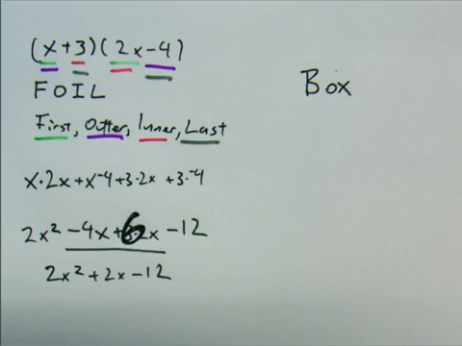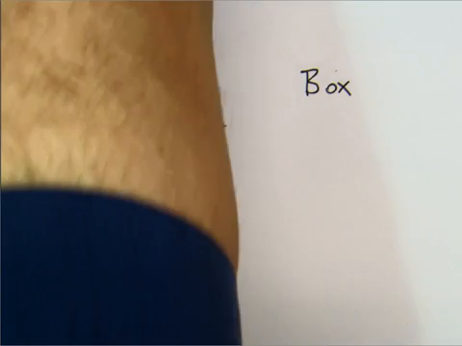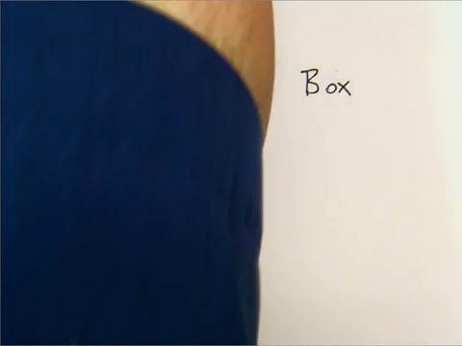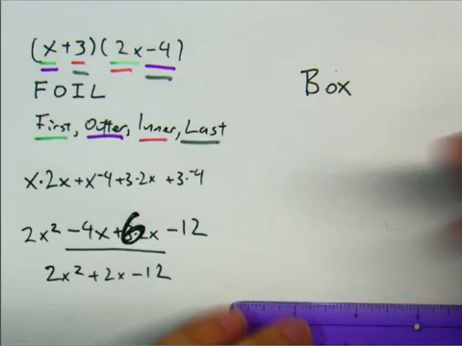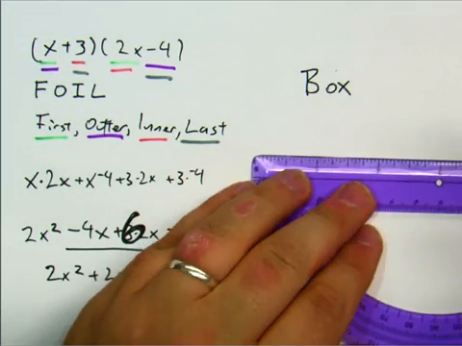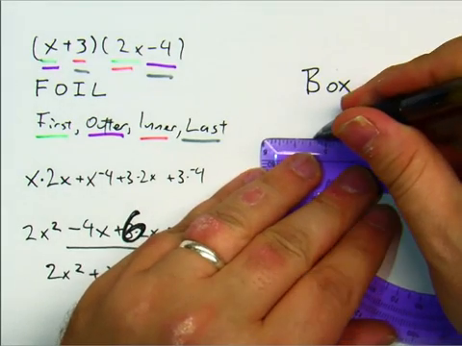So what we do, have you guys ever done Punnett squares in science and biology? It's very similar. So what I'm going to do is create a quick little box that resembles a Punnett square.